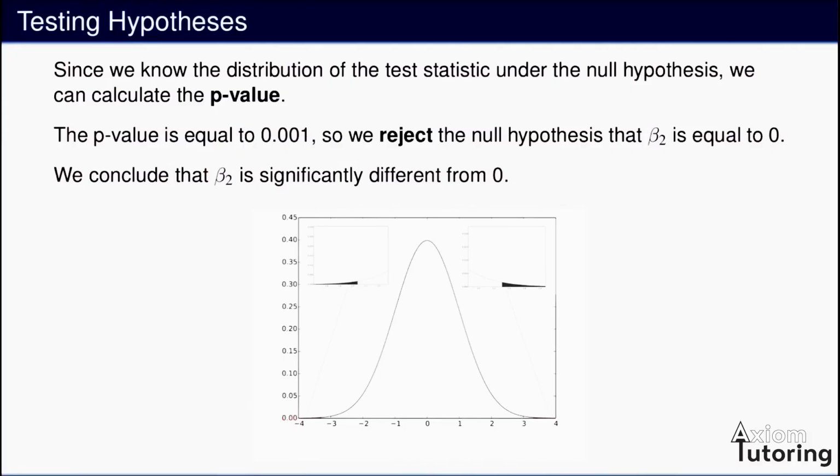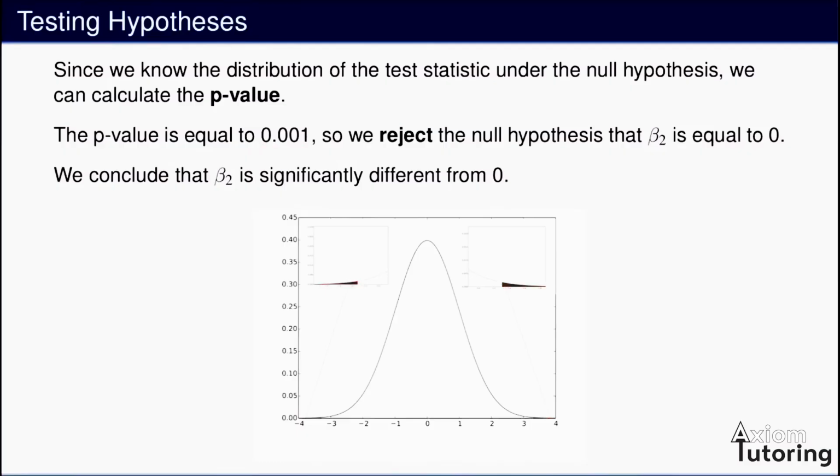And here, if we calculate that area, we can see that it's super, super small. I've put in this box a magnified image of what we see here. If I calculate this black area plus this black area, we get a value of 0.001. This is very, very small.